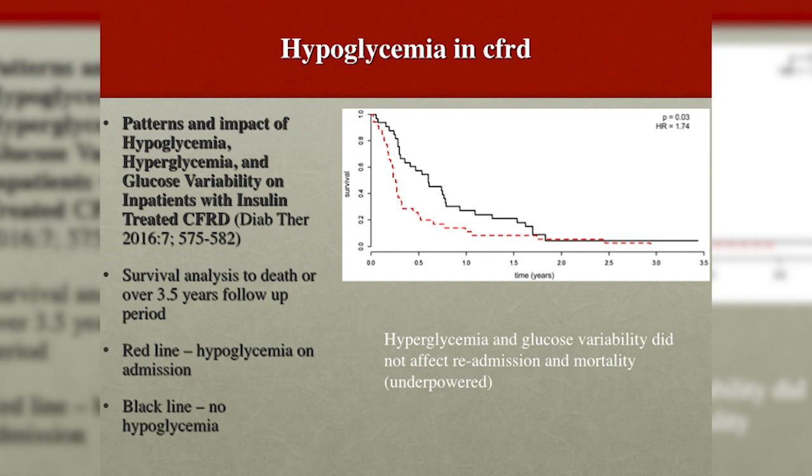The study was done on an inpatient population admitted mostly for CF or lung exacerbation, in individuals who had CF-related diabetes. They looked at survival analysis to death over a 3.5-year follow-up period. As you can see on this graph, the red line shows the survival of patients who had low blood sugars on admission, and the black line shows those with no hypoglycemia on admission. So you can see the lower survival rate for someone who had low blood sugar.